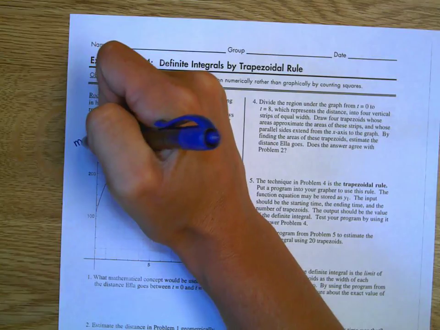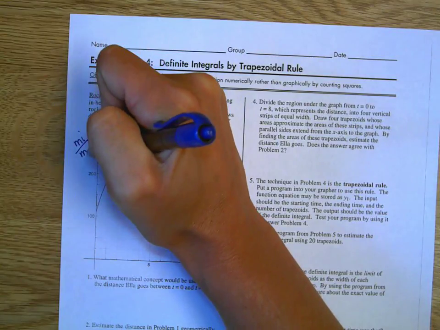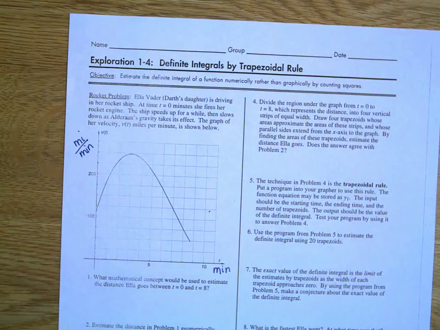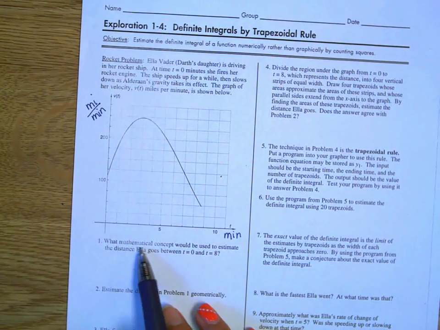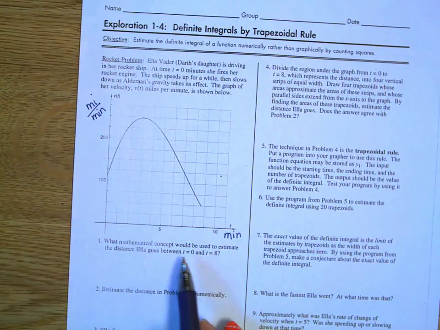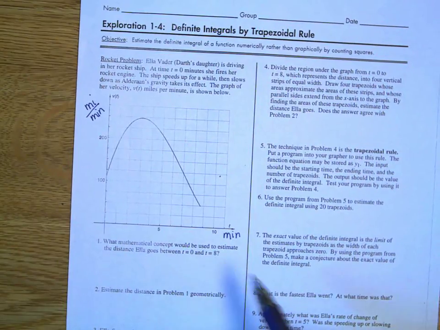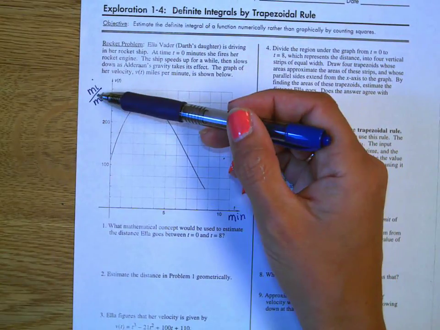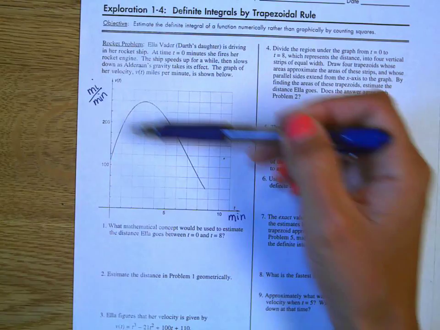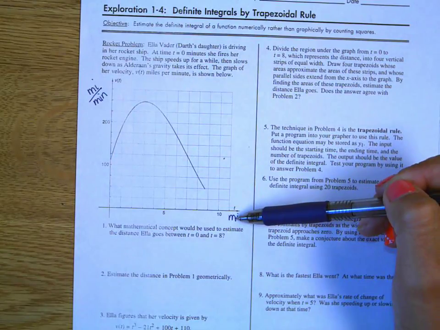So we've got velocity here, that's miles per minute. Okay. It says, what mathematical concept would be used to estimate the distance Ella goes between 0 and 8? Well, this is where you've got to kind of think of what we've learned already. If I've got velocity and time, and if I multiply them, that's going to give me the distance.